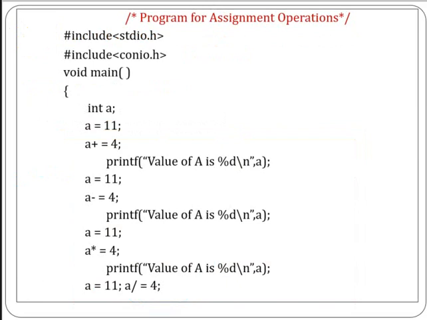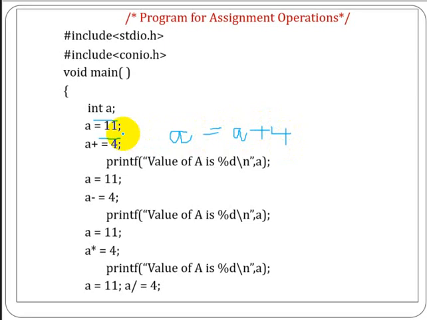Here you can look at the program. Initially we have declared a, and the value of a is assigned as 11. When we give a += 4, this is similar to a = a + 4.